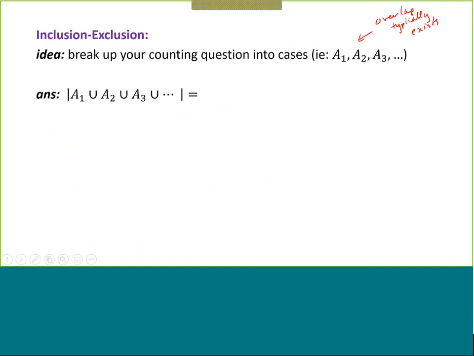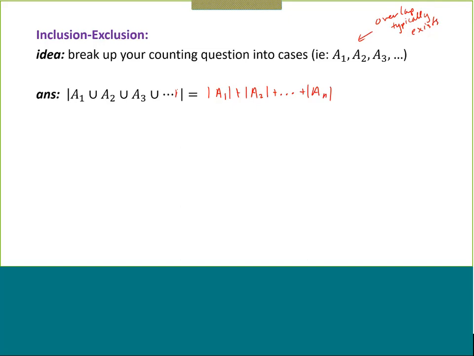So then when you're trying to actually count how many objects there are, you've got the cardinality of all these unions, and we saw previously that we just add up all the individual cardinalities, and you keep on going until you have whatever the last one is. Maybe this last one is n.